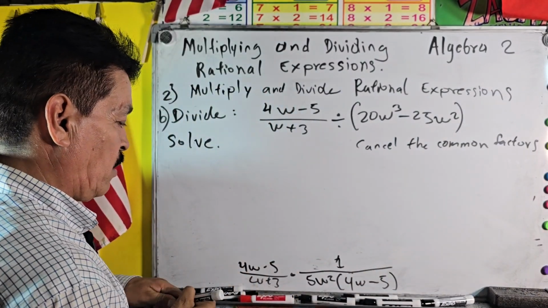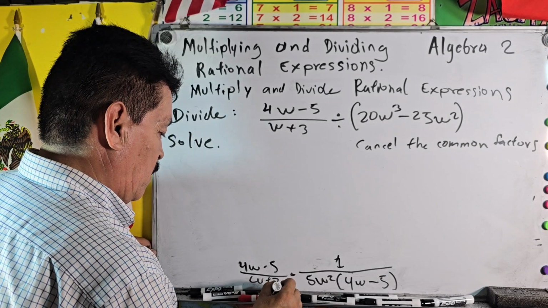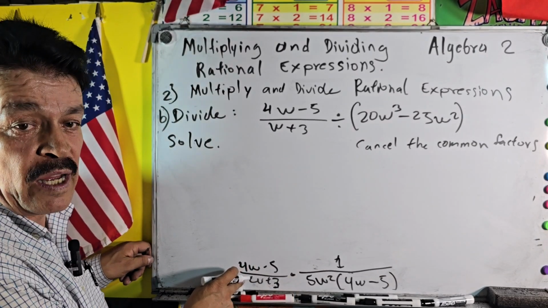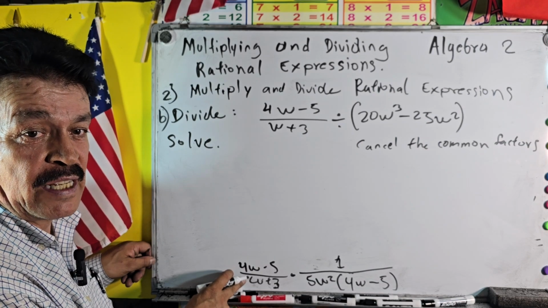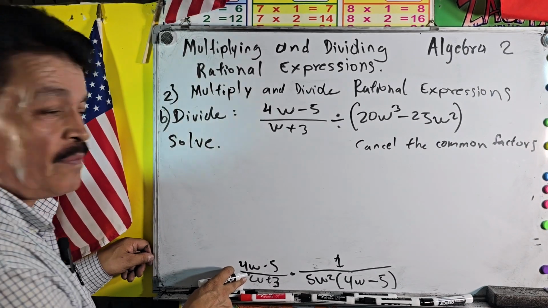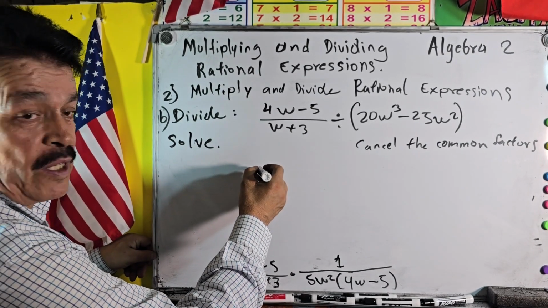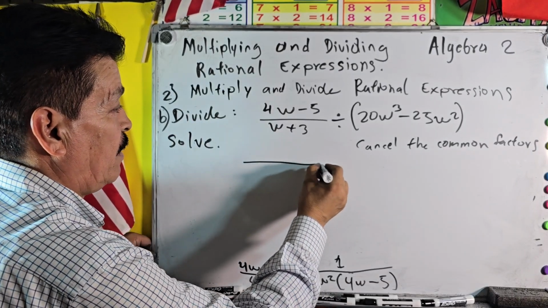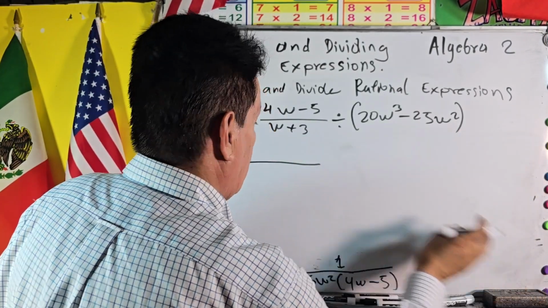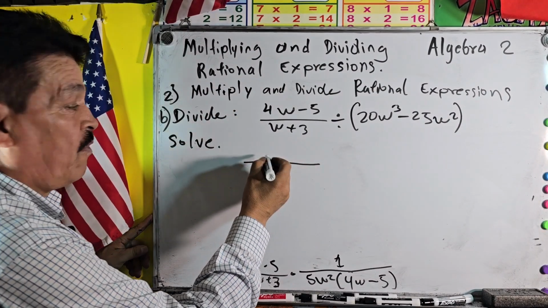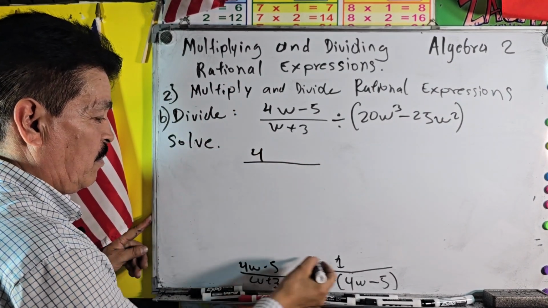I think no, I don't want to skip the step. Look at this. Once we are at this point, the next step is to multiply everything, before we factorize or cancel. Let's write the 4w minus 5 right here, multiplied by this.